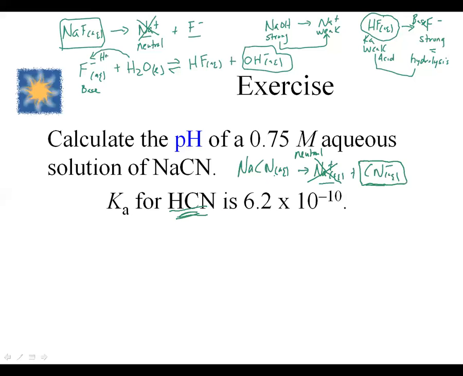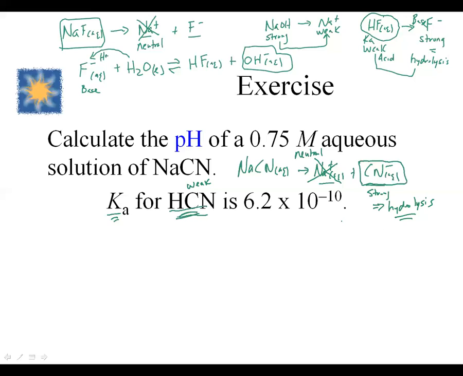If you weren't sure what it is, another big hint is a Ka value there, which tells you it's weak, which means this will be relatively strong in the sense of going through hydrolysis. When I say strong, it's not a super strong acid or base. It's just strong in the sense that it will continue to react with water and go through hydrolysis.